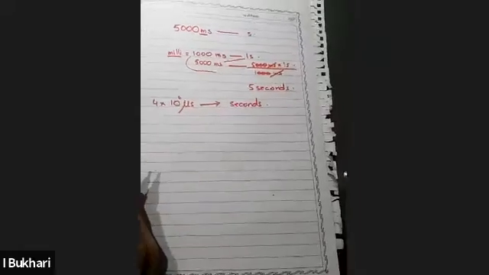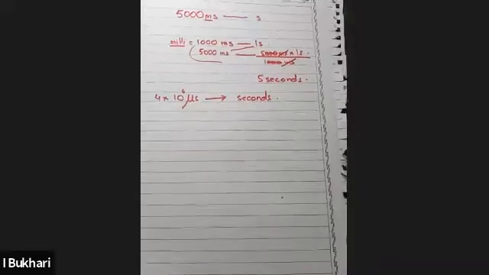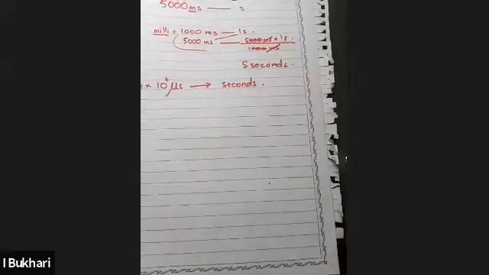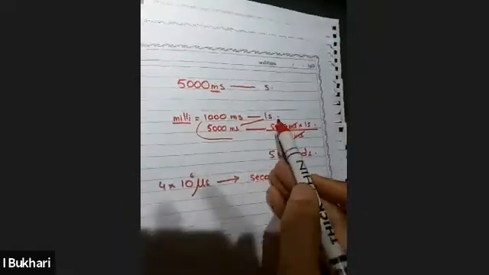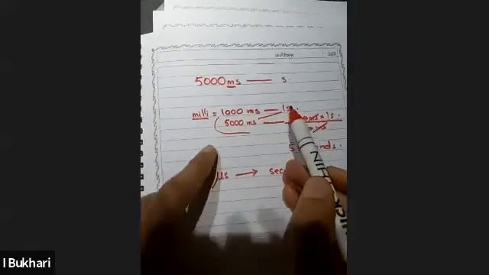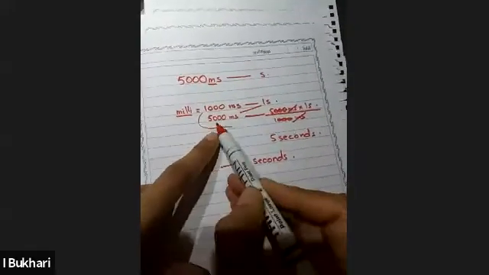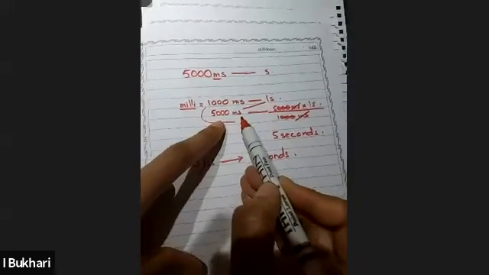I don't really get how we're supposed to do microseconds to seconds. You did not understand the millisecond into second question? No, teacher. Okay, so there are 1,000 milliseconds in 1 second, right? So how many seconds in 5,000 milliseconds?